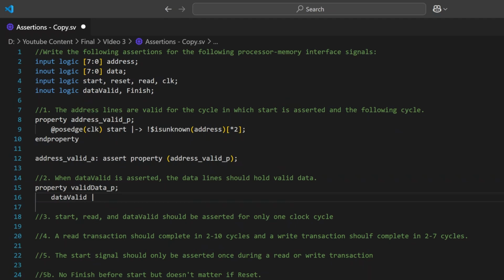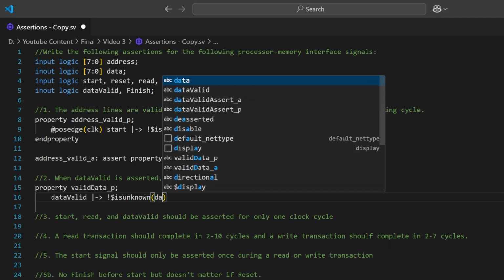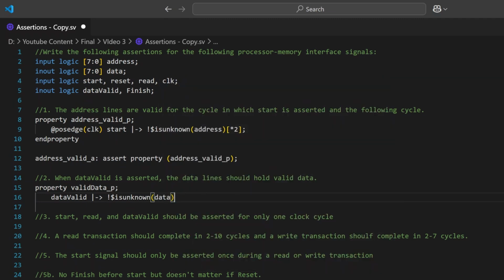Let's write the non-overlapping implication operator. Oh, I mean the overlapping implication operator. $isunknown, and data.